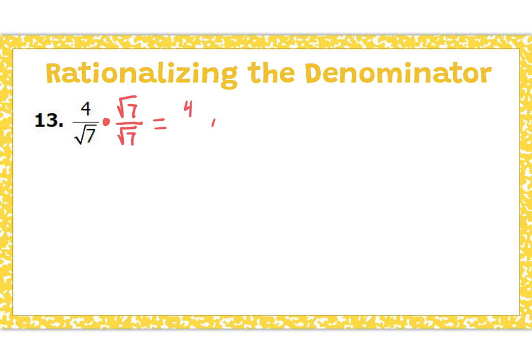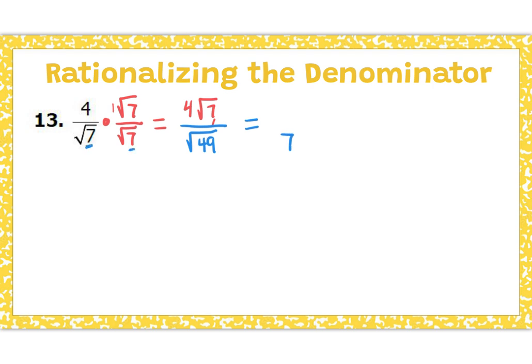Well, 4 times invisible 1 gives me 4. Square root of 7 is the only radical on the top, so I'm multiplying just the top by that. Then I'm going to multiply the bottom. Square root of 7 times the square root of 7 gives me the square root of 49. But I notice that the square root of 49 is a perfect square, so that just turns into the number 7, just the inside.